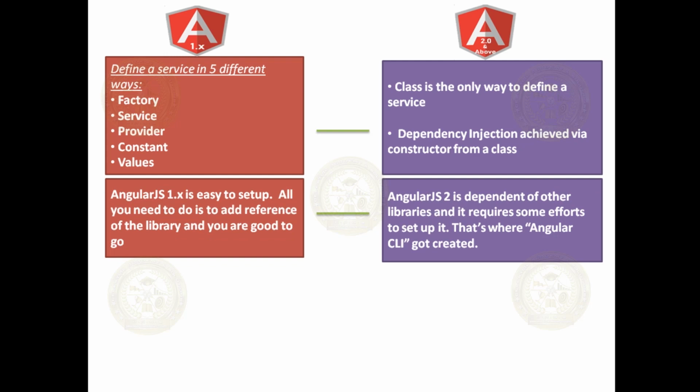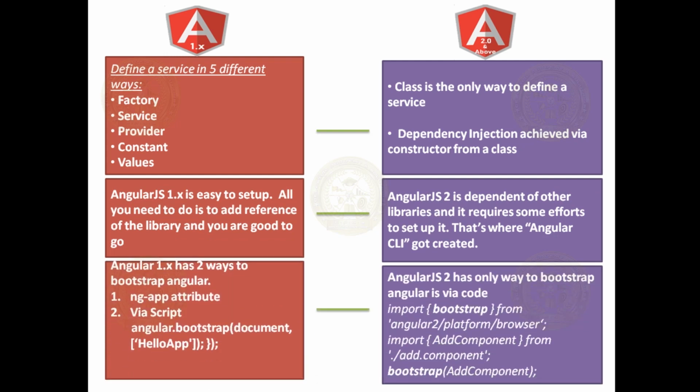Angular 1.x is easy to set up. All you need to do is add a reference to the library and you are good to go. Angular 2 is dependent on other libraries and requires some effort to set up. That's where Angular CLI got created. Angular 1.x has two ways to bootstrap Angular. One is the ng-app attribute, another one via script.